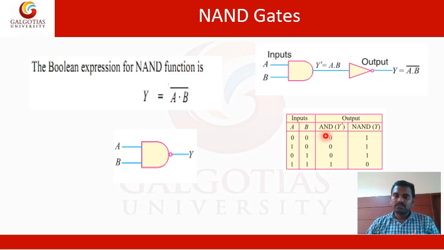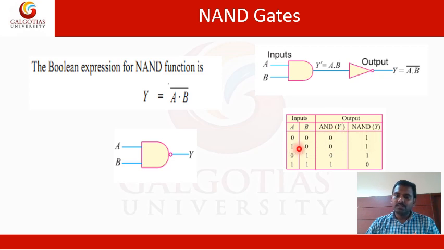If A and B both are 0, then the AND gate will give output 0, but since the NAND gate is the complement of the AND gate, the inversion of the output of the AND gate will be the output of the NAND gate. So the inversion of 0 will be 1.